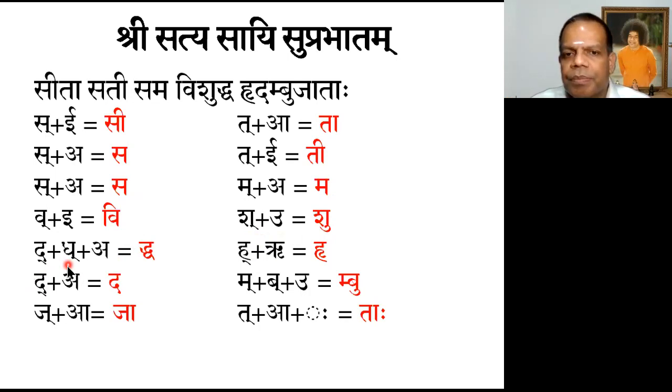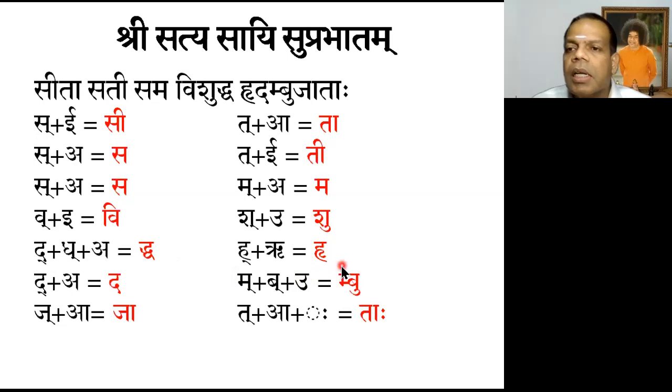So this is Da, this is Dha. Then the third one is A. So it's Ddha. This combination you will find quite often coming in many words, like Suddha, Shuddhi. You will come across it quite often, so you should become familiar with this letter, I would say.